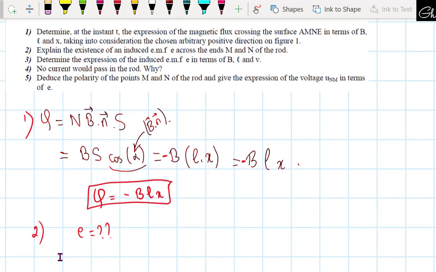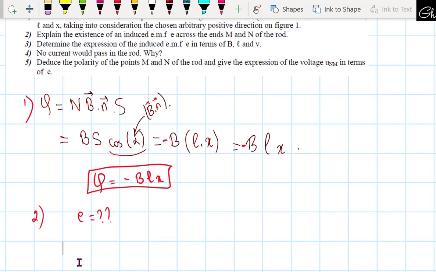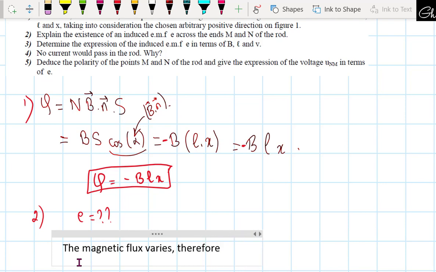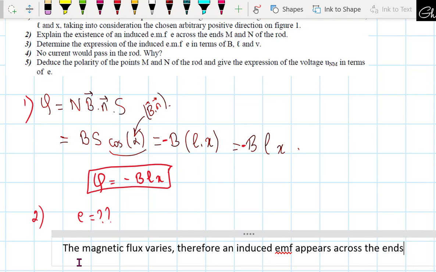So here in the second part, we can just say that the magnetic flux varies, therefore an induced EMF appears across, as they said in the sentence, the ends M and N of this rod.